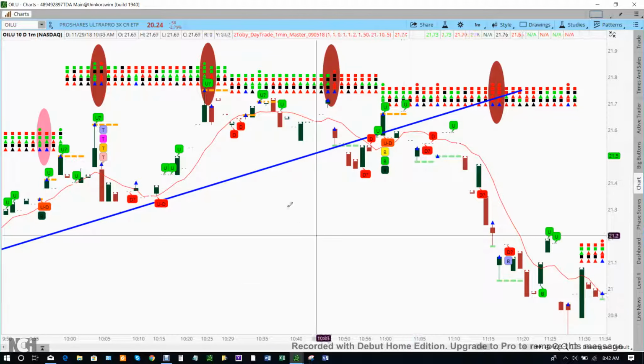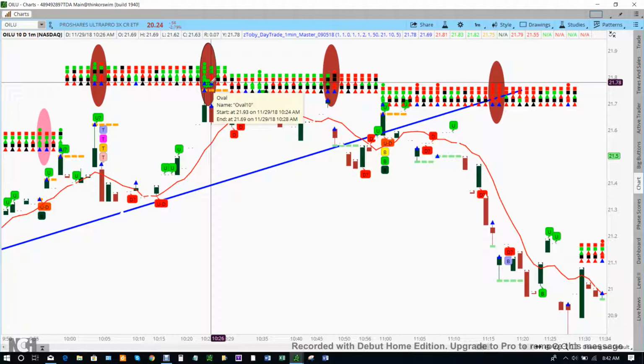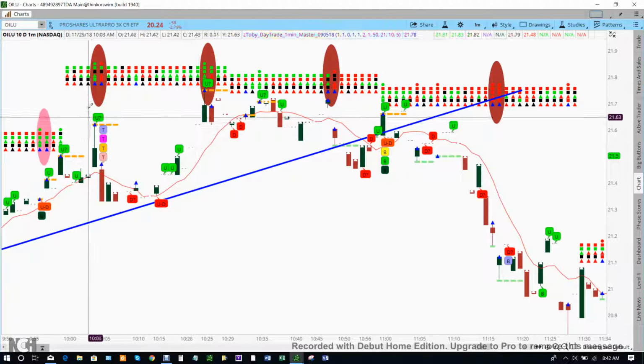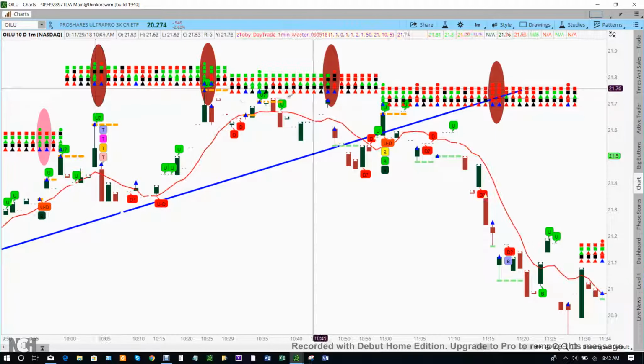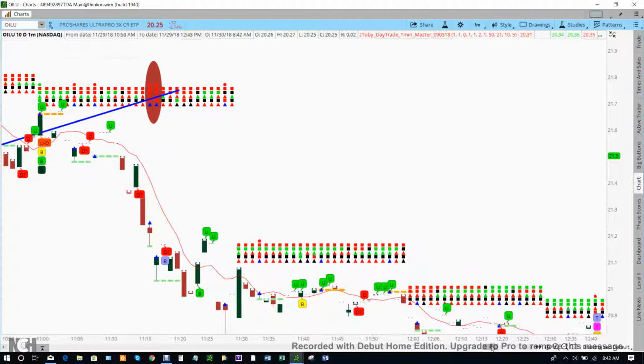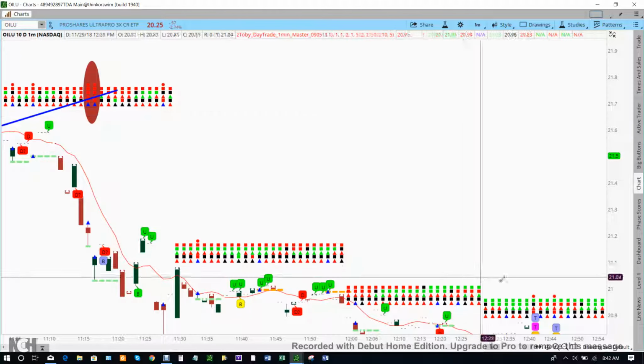Okay, so without looking at them all, these are all red momentums. So you have four or five chances to get out. You've reached your top. Time to get out. It's going to tank, and sure enough, it tanked. There's the tank. Boom.